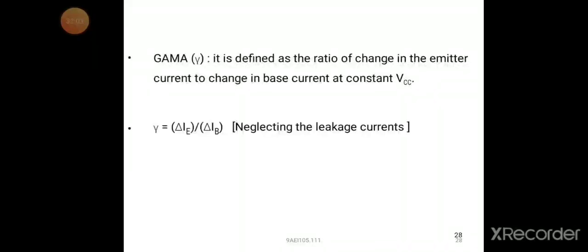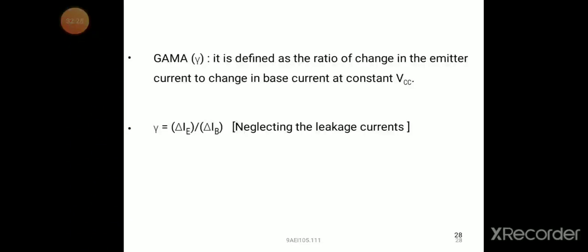These are needed for the best amplification. Best amplification means whatever signal we amplify, we should get a stable and truthful, sustainable output.